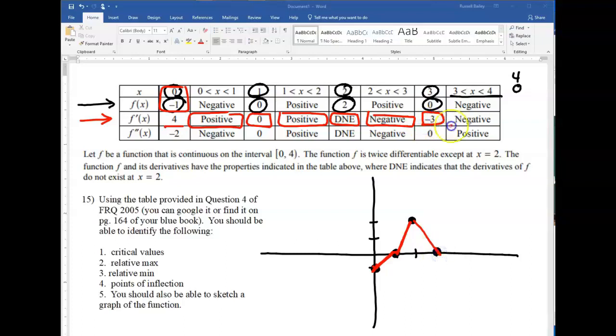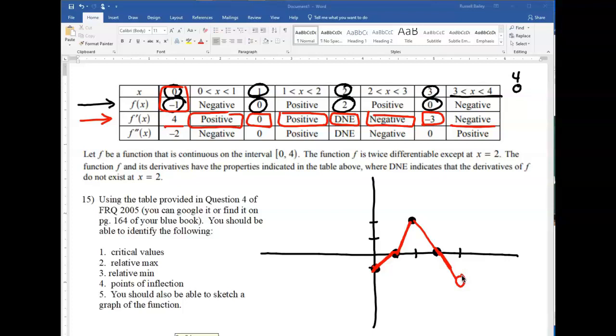And then between 3 and 4, we have a negative slope. And there's no telling how far down to go. They didn't give us enough information. But I do know that I plan on stopping at 4, so I'm going to maybe cut that off right about here. And I'm going to put an open dot. It doesn't matter where you put that dot because they didn't tell you where it should go. Okay, so that's good enough.